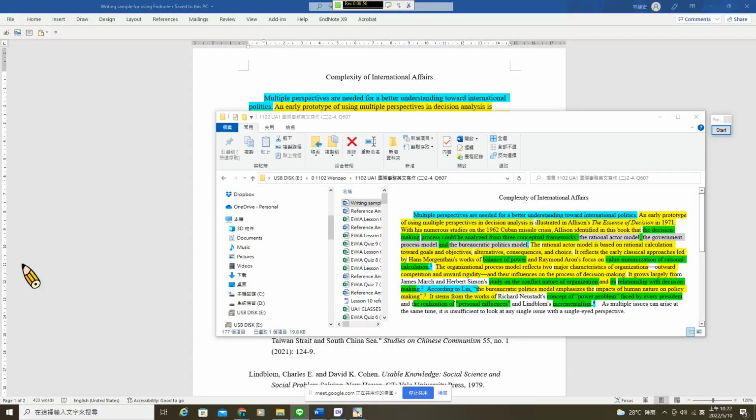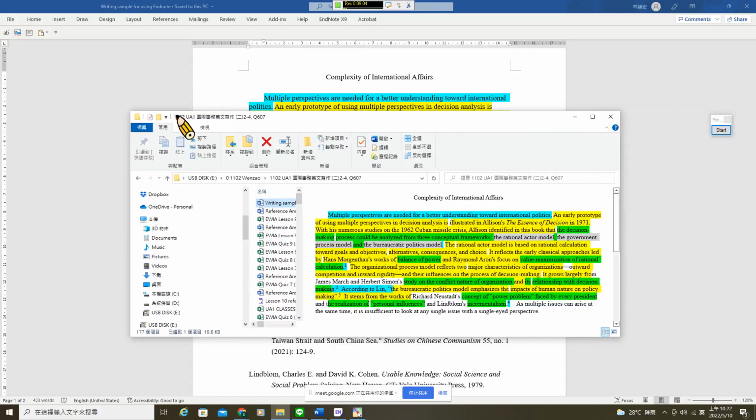Okay, now please download this file onto your computer because I'm going to use this for you to accomplish your mission for today.